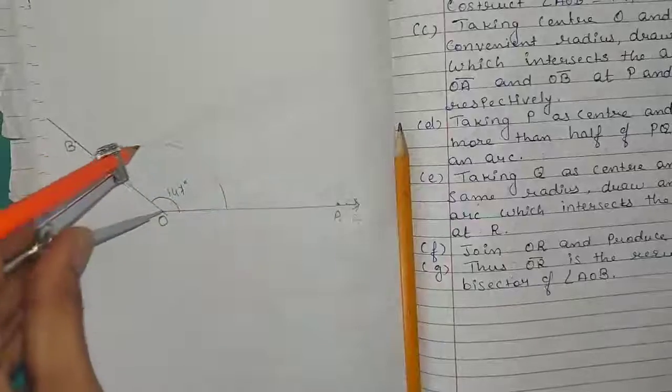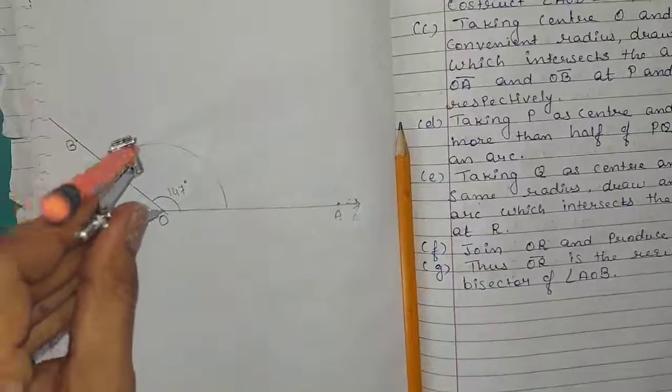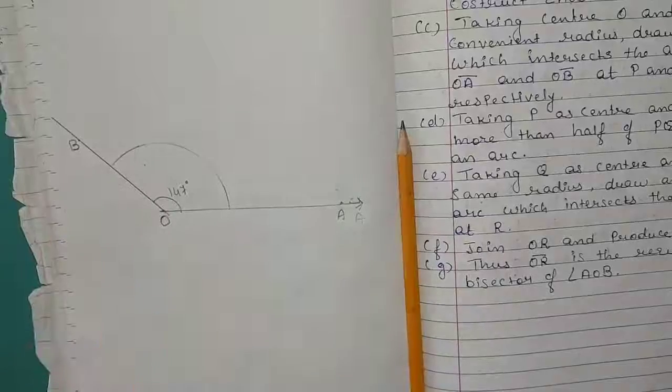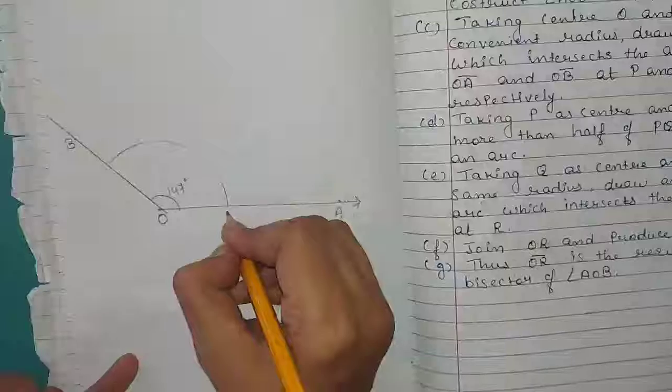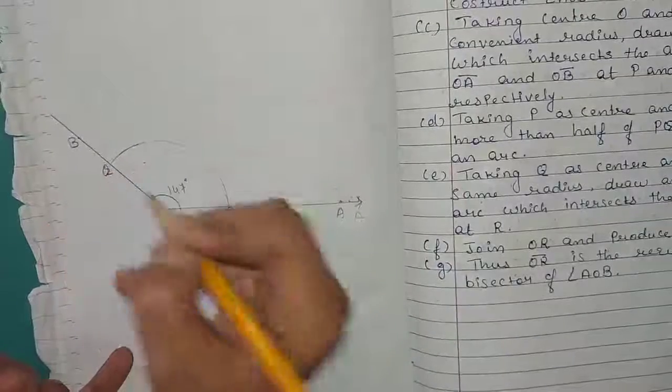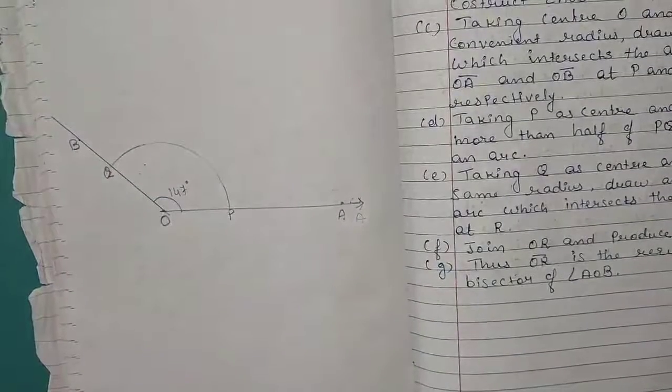So this is our arc. This arc cuts OA and OB, and we label these points as P and Q. Next step.